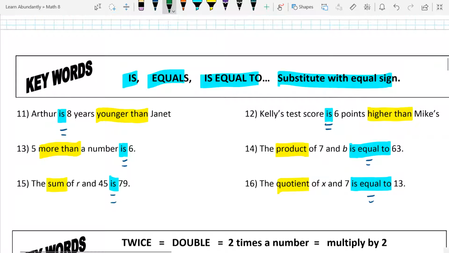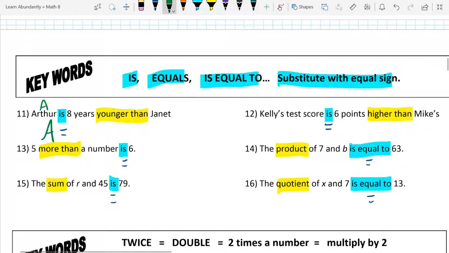So if we go back through these, I'm going to start actually on number 11, where it says Arthur is. So I have Arthur. But in order to make this work, I'm going to have to assign Arthur a variable. I'm going to give him a letter. I think the letter A, the capital A. So I'm going to say Arthur is a capital A. So in my equation, I have A equals, and then it says 8 years younger than.